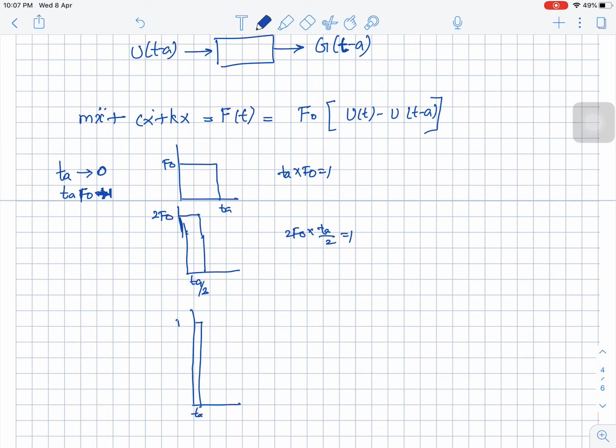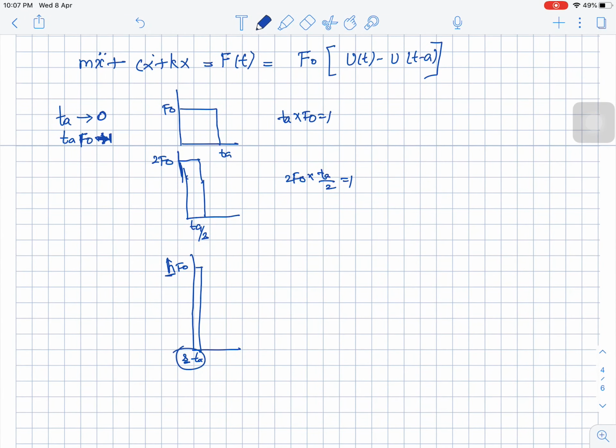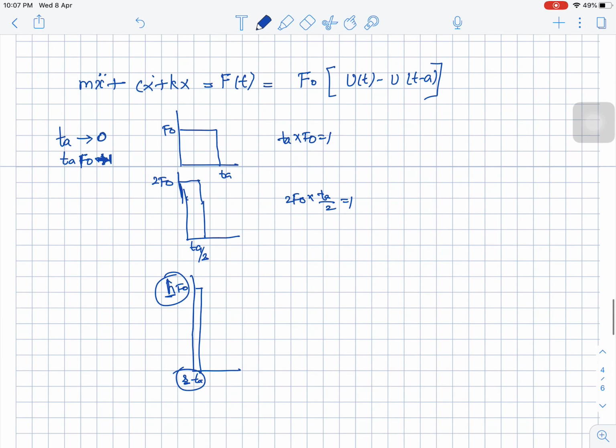So this is very high f naught. So some constant will be there. There is another constant, small constant, high constant. So multiplication of these two is 1. So that's it. So now I'm substituting it.